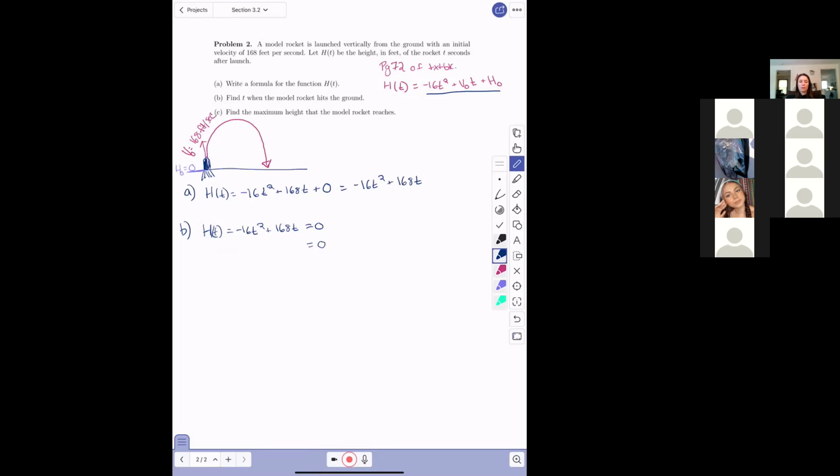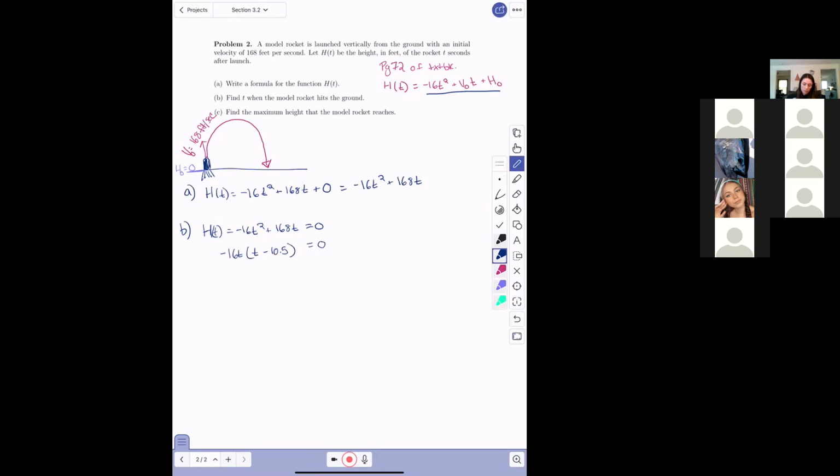Just for the sake of time, I'll go through it quickly. We're just going to take negative 16t out of this equation. So we pull out a negative 16t times, and then we're left with t plus, if you do 168 divided by negative 16, you actually get, it should be t minus 10.5.